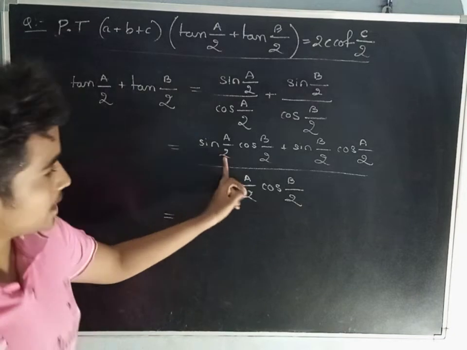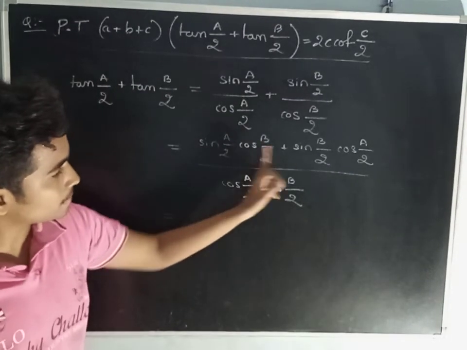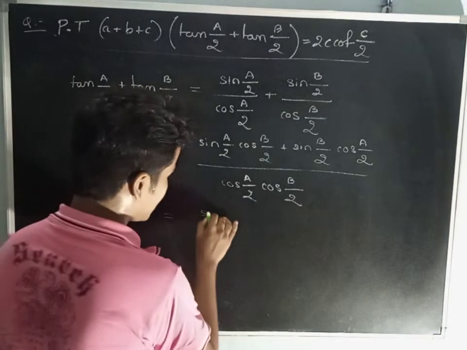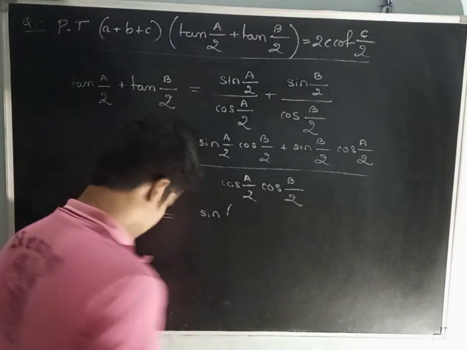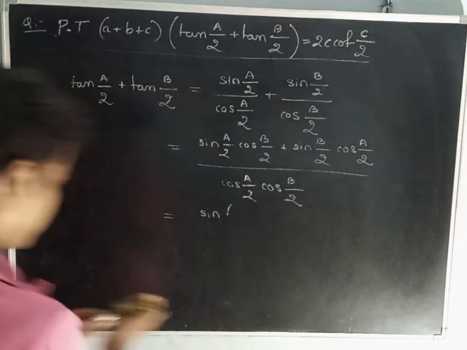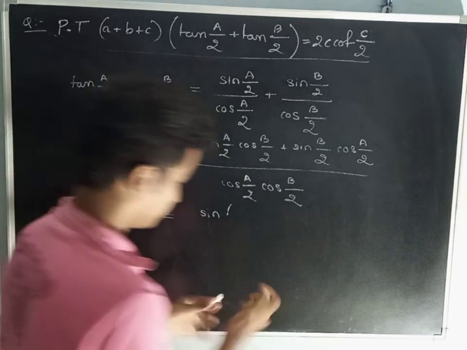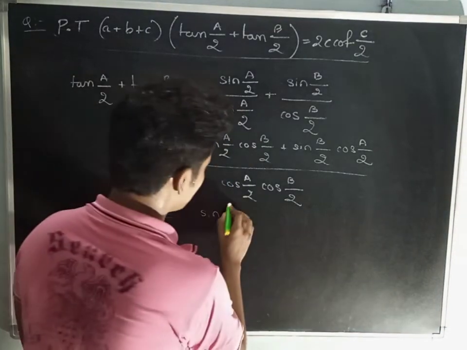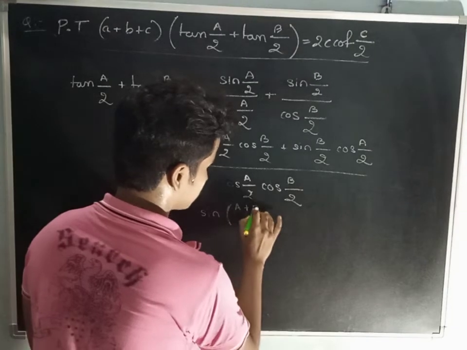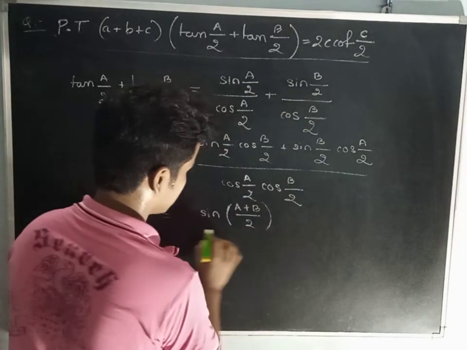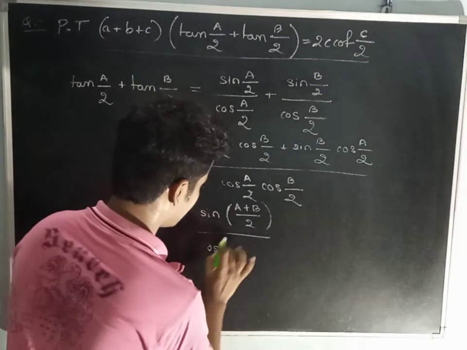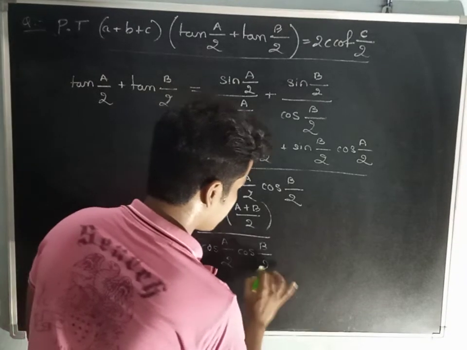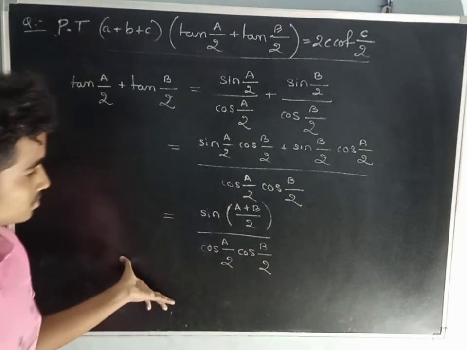Now sin A cos B plus sin B cos A is nothing but sin of A plus B. So it can be taken as sin of (A plus B)/2 by cos A/2 into cos B/2.